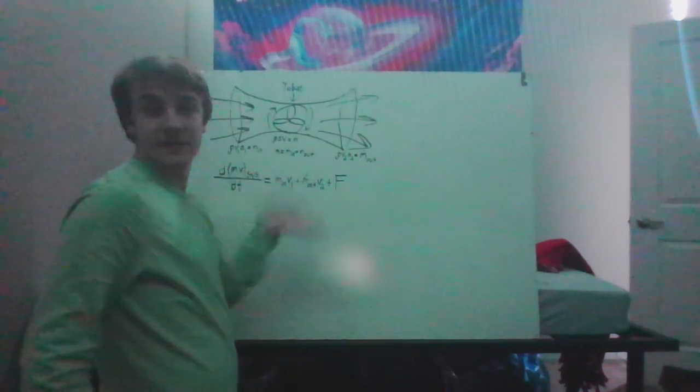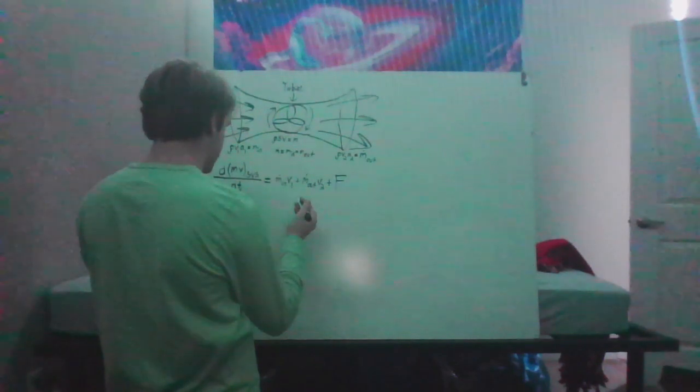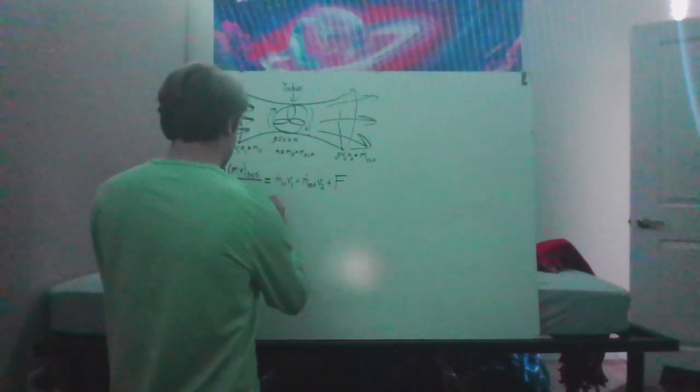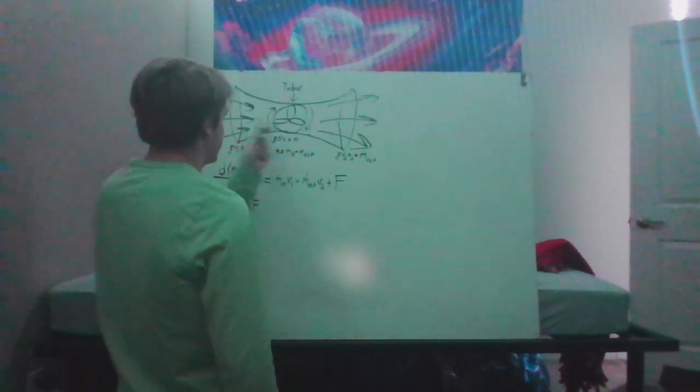And now we can simplify this as well, and the force will actually end up being negative, and that is because our fluid is pushing our turbine. If the force is positive, then that means our turbine would be pushing our liquid.